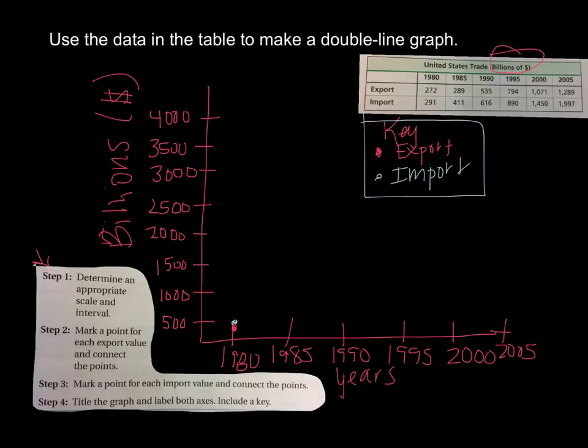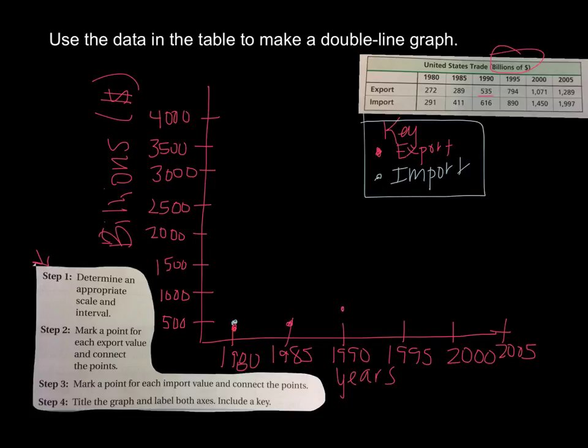I know it's not quite at 500. I could have maybe done a wider gap for my intervals, but this will work. So then my next export was 289. So that one just barely went up. My next export was 530. Ooh, nice.